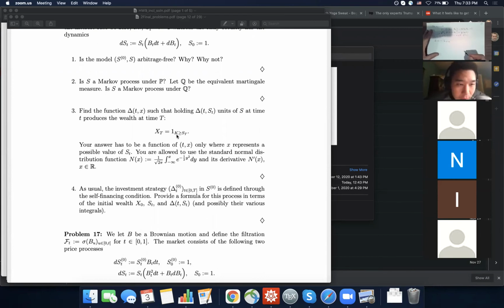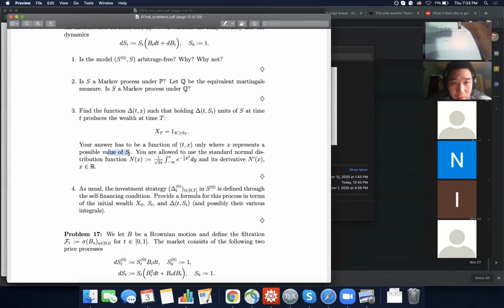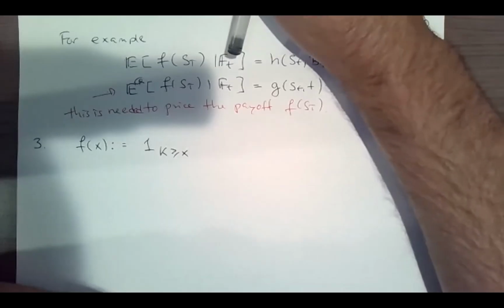Okay. And you've been told that you can express this in terms of the current price, and you can also use this normal distribution function and its derivative, the density, if we so need. All right, so let's try to do that one.